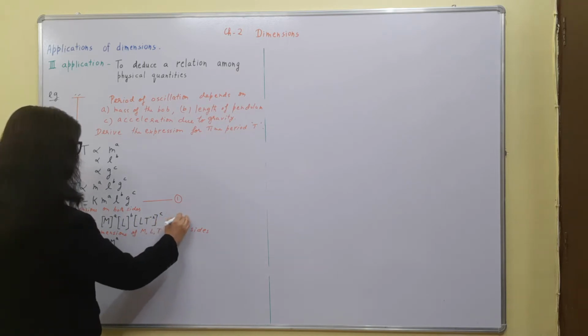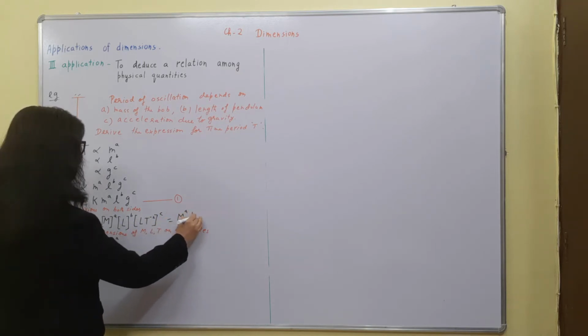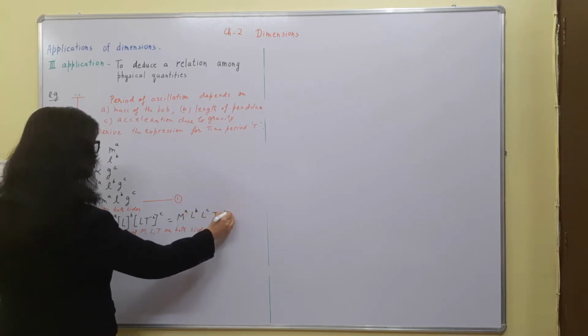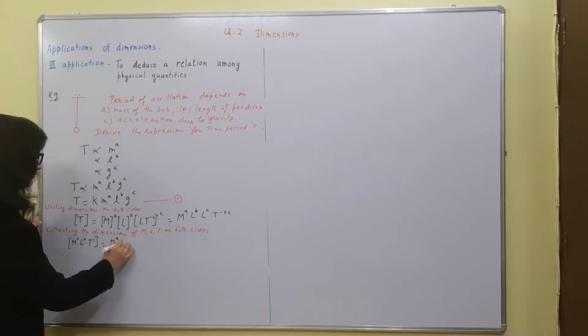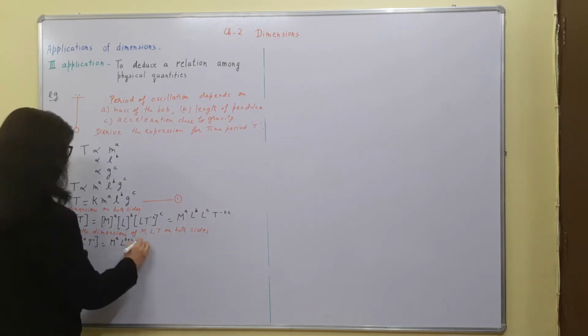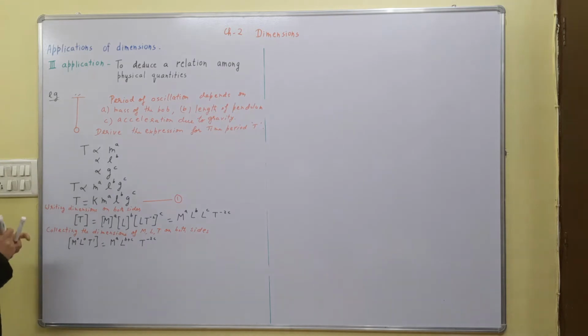So we can simplify this further. M to the power a, L to the power b, L to the power c and T to the power minus 2c. So this L will be equal to b plus c, because if bases are same, exponents can be added. And next is T to the power minus 2c. What will be the next step?